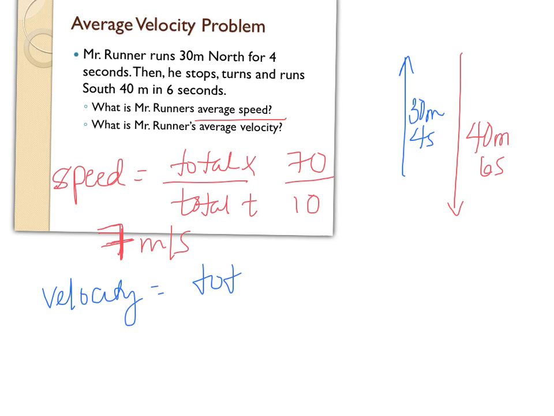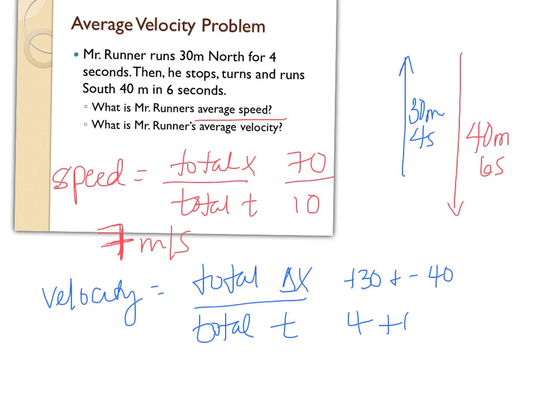Now, for velocity, it's total displacement over total time. So our displacement is going to be a positive 30 plus a negative 40. Our time is still going to be 4 plus 6.